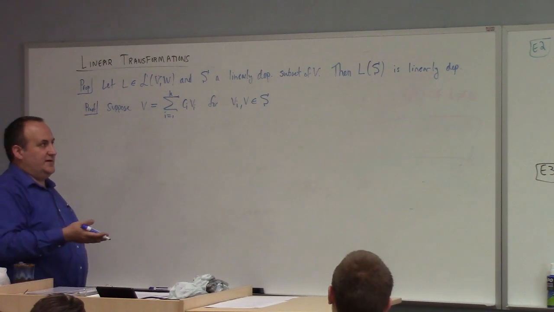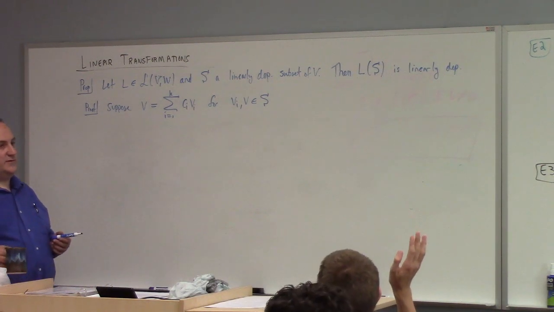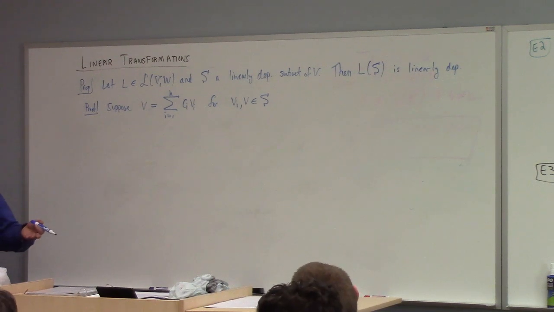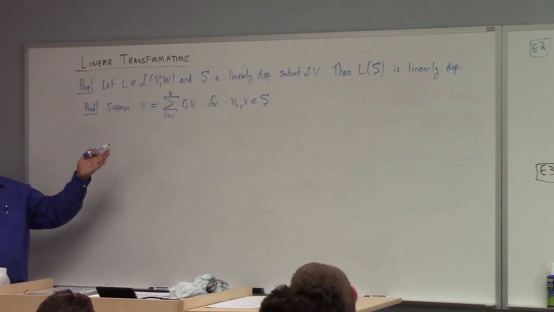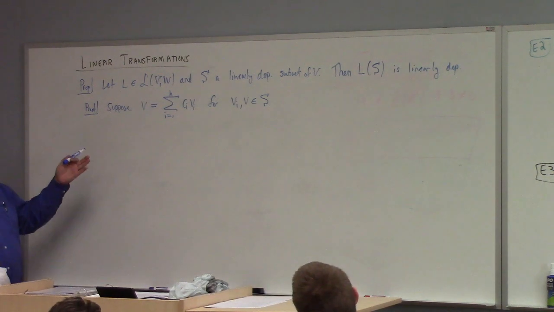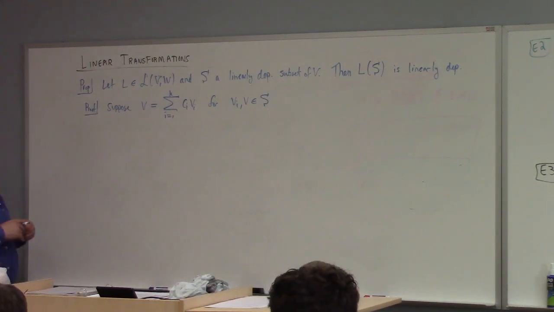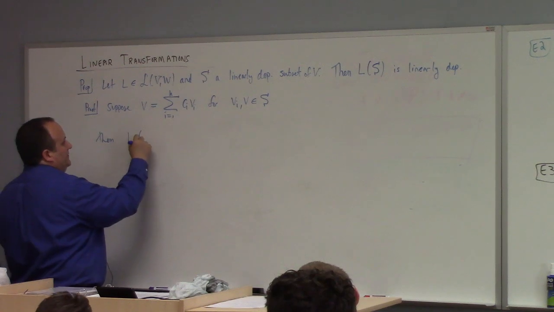This is possible because, why? We're assuming S is linearly dependent, so a linear dependence must exist. So this is the linear dependence. I'm writing one of the vectors in S as a linear combination of the others, right? Then L of v is equal to what?